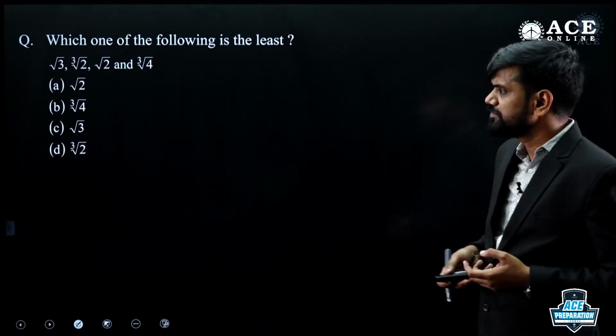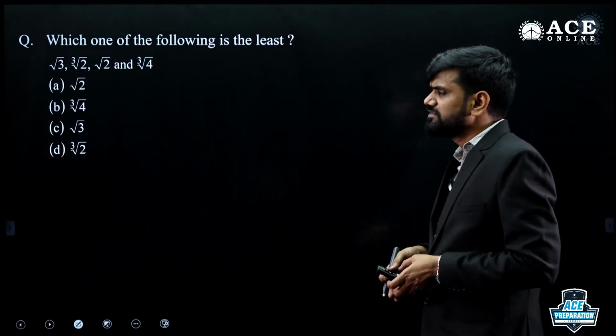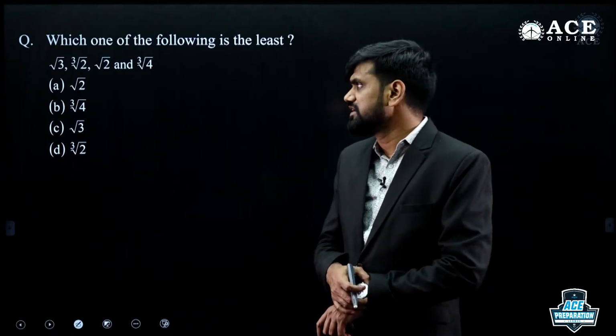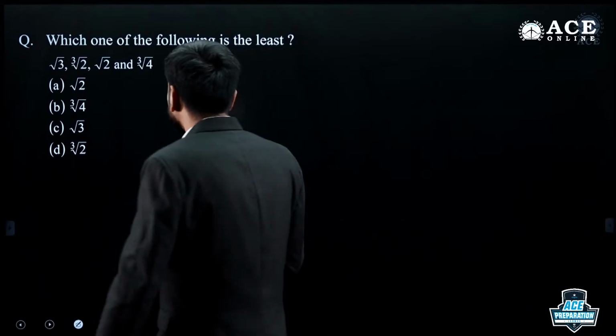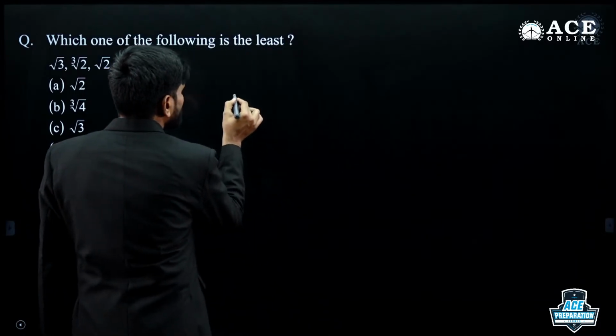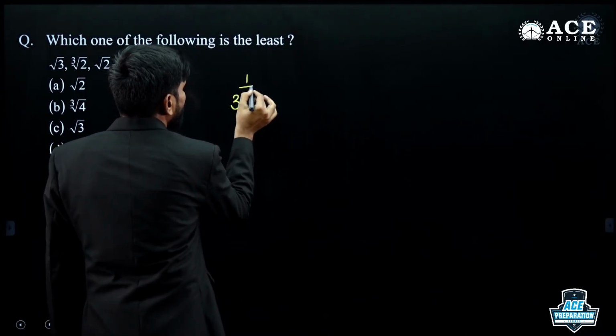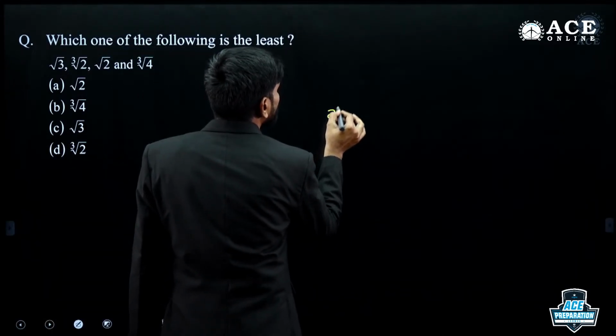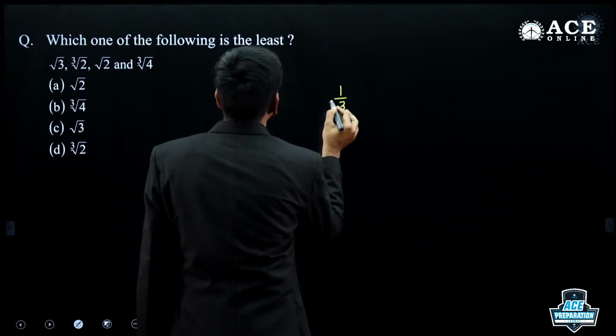Go ahead now. In the previous problems, they have already given the powers. So here you have to write the powers. Square root of 3 must be 3 to the power of 1 by 2. Cube root of 2 means 2 to the power of 1 by 3.